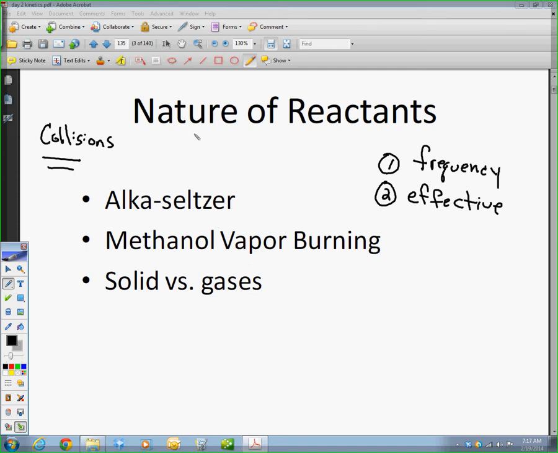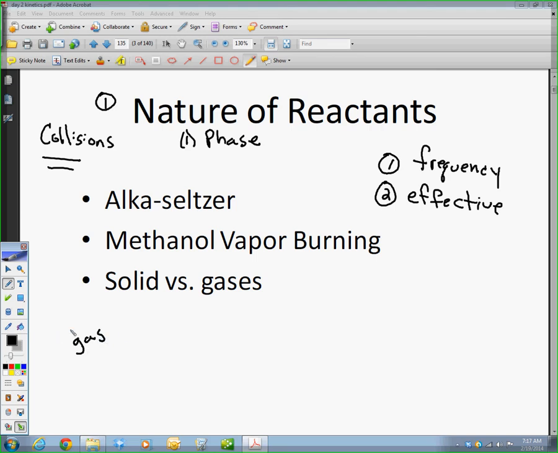And one of the things we said that was the first thing that affects collisions is what we refer to as the nature of your reactants. Now, the nature of reactants, the first critical thing, is what phase are they in? Phase plays a major role because in order to collide, your mobility will play a role.